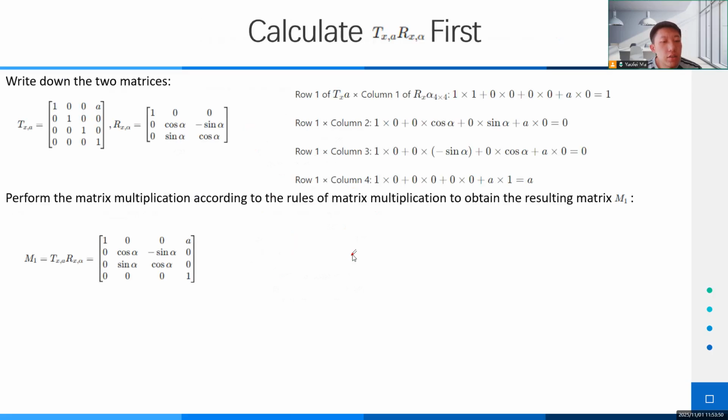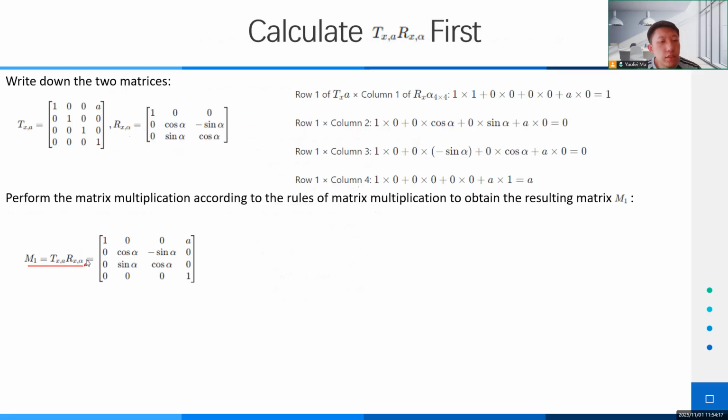Now let's start calculating the A_i matrix. We follow the order of matrix multiplication, right to left. First, we calculate M1, which is this.